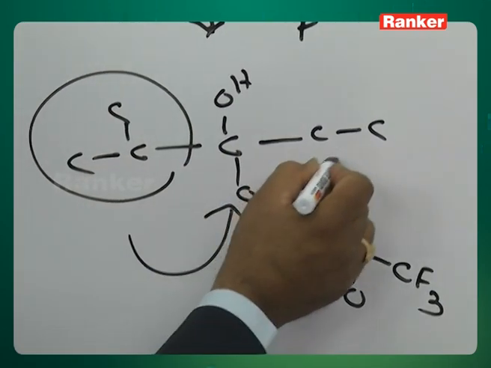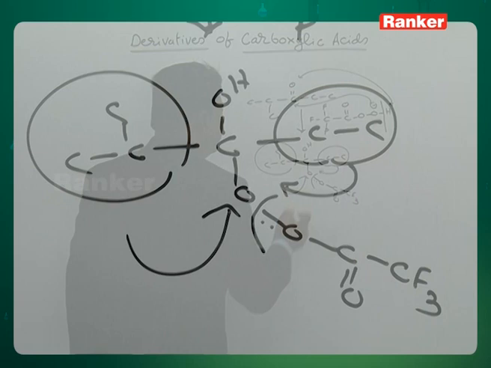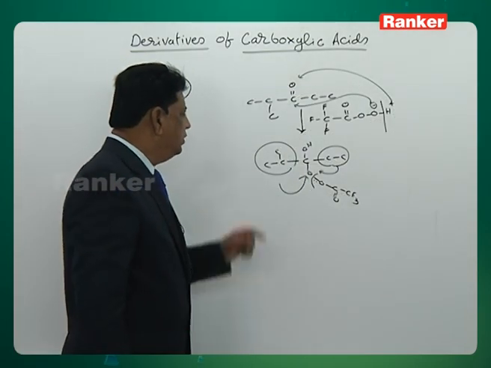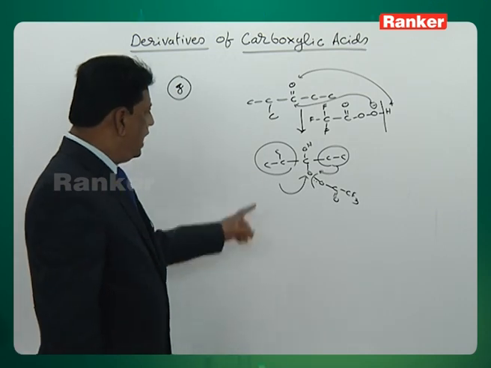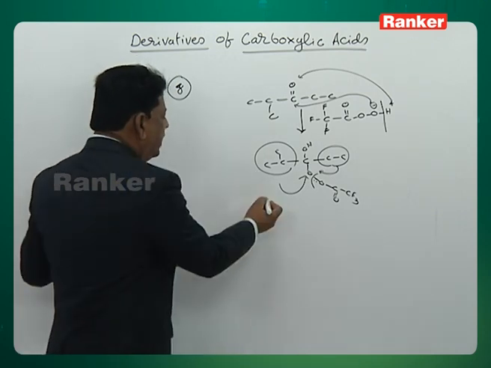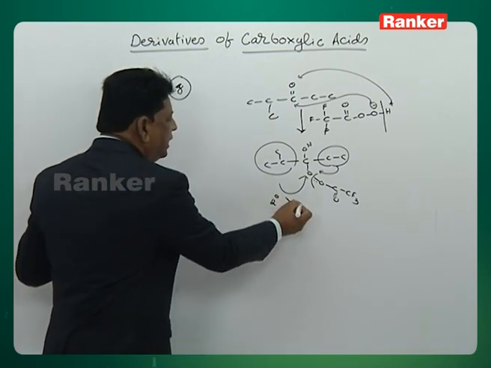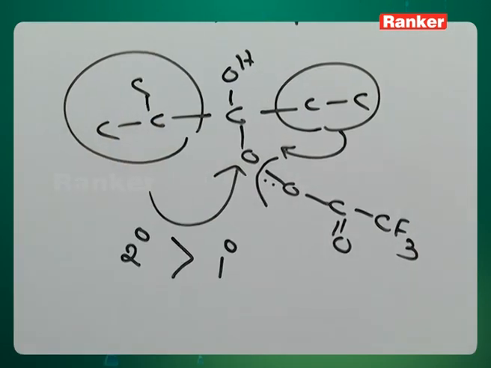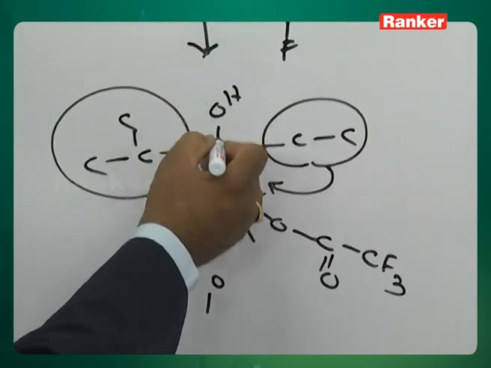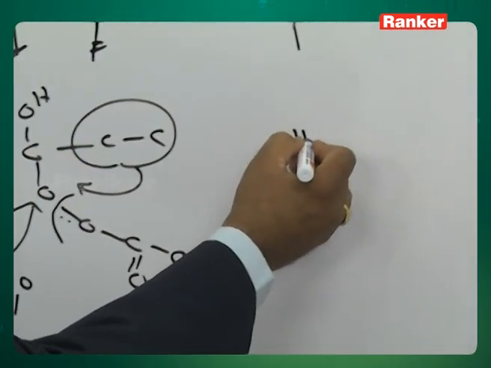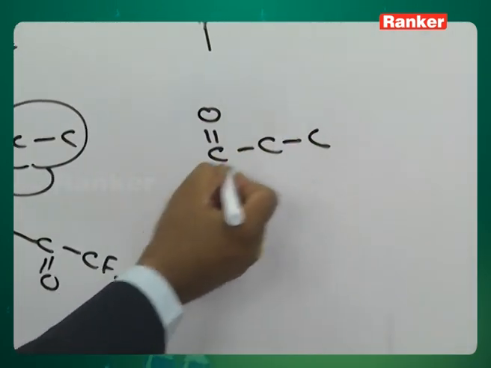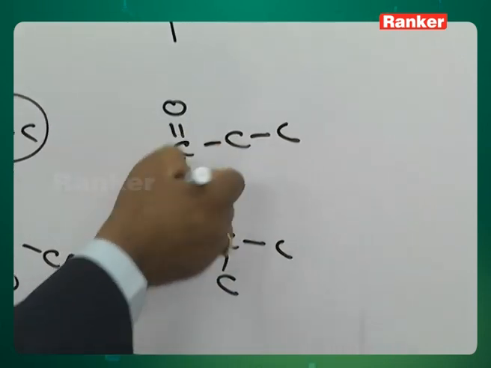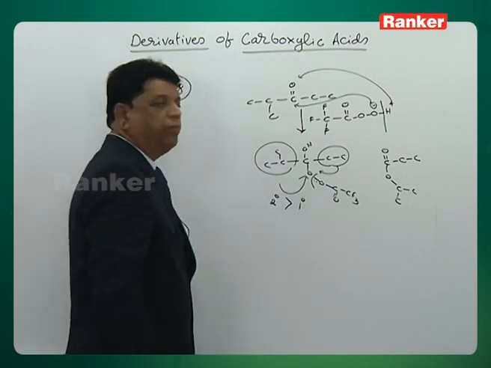Which group migrates? Out of the 2 groups, both have the same chance, but according to migration aptitude, isopropyl, a 2 degree group, is a better migrating group than the 1 degree. Therefore, isopropyl goes on to the oxygen, and later this hydrogen is converted into the ketone. So, a ketone with ethyl on one side and O with isopropyl on the other. This is nothing but an ester of propanoic acid, isopropyl propanoate.